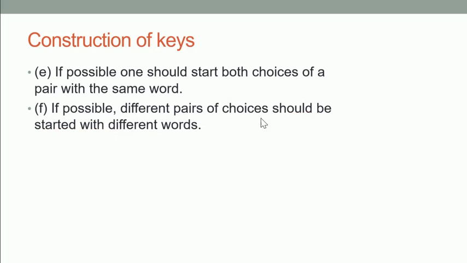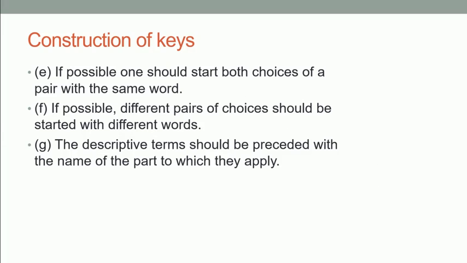Once we select the appropriate lead from that, we go to the next, and in that couplet there should again be two statements or leads. So those statements should start with another word. The descriptive terms should be preceded with the name of the part to which they apply. So it should be descriptive in nature. It should give the proper description of that particular organism which you are going to identify.